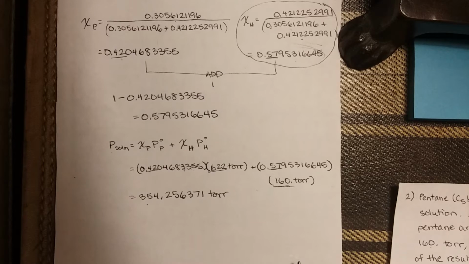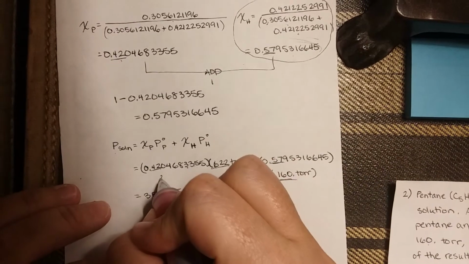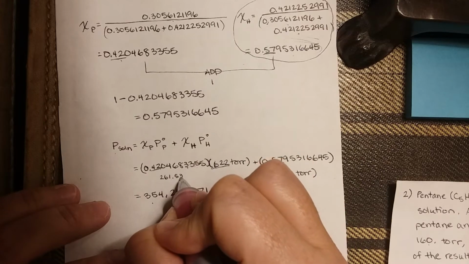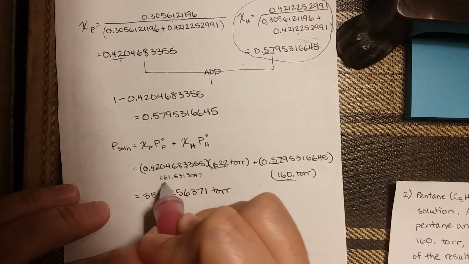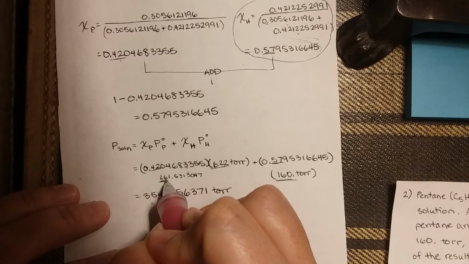So 0.4204683355 times 622 on its own is 261.5313047. So 2 sig figs times 3 sig figs means that we'd stop here in the tens place.